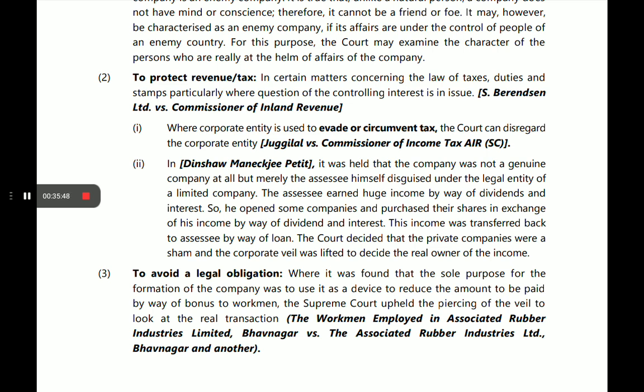This income was transferred back to SEC by way of loan. The court decided that the private companies were a sham, and the corporate veil was lifted to decide the real owner of the income.